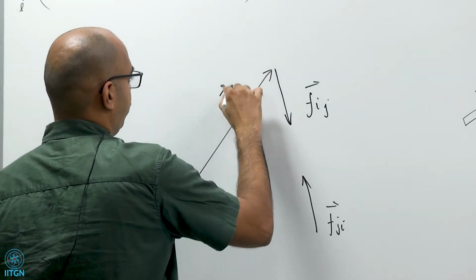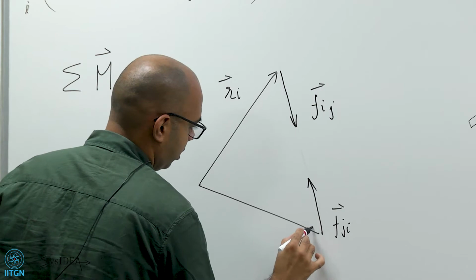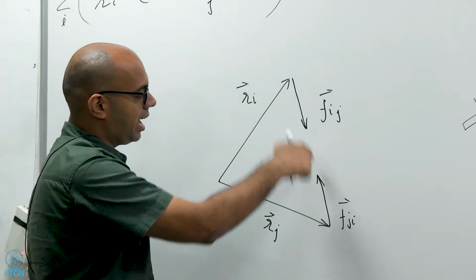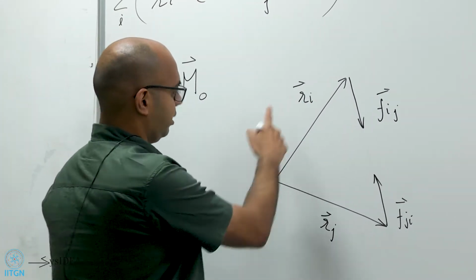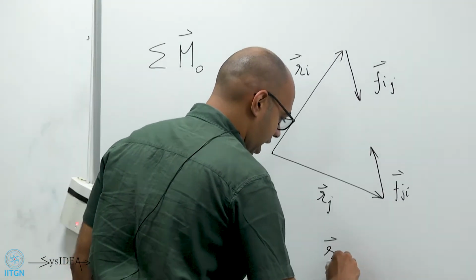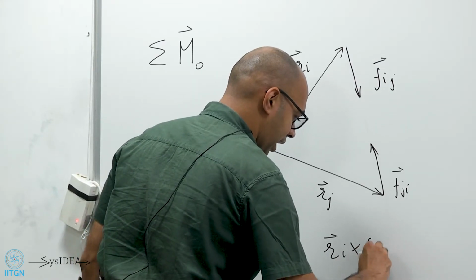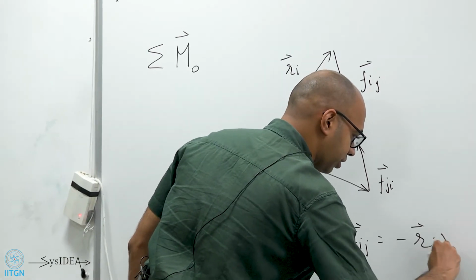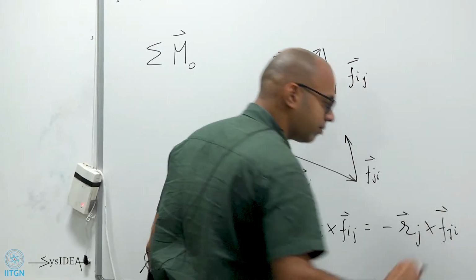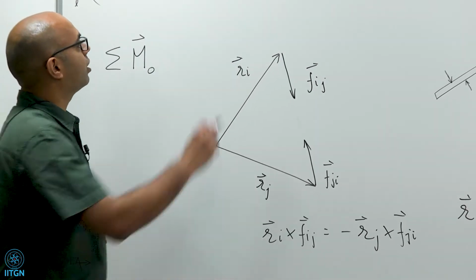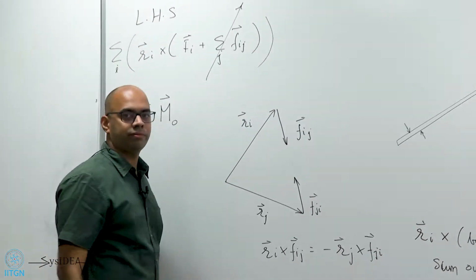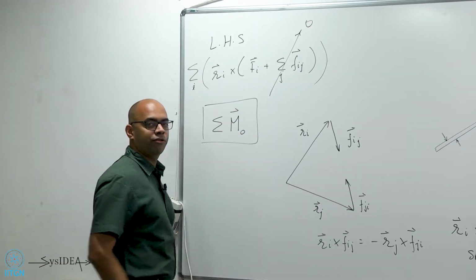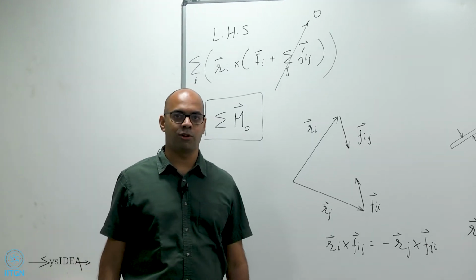Even if I have two different vectors with which I'm taking moment, the fact that they have the same moment arm and they have equal and opposite magnitude makes it such that ri cross Fij is equal and opposite to rj cross Fji. Therefore, this second term goes to 0. So left hand side is simply the sum of moments of external forces about O.